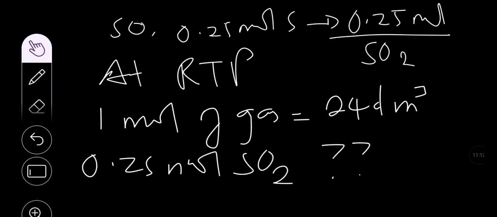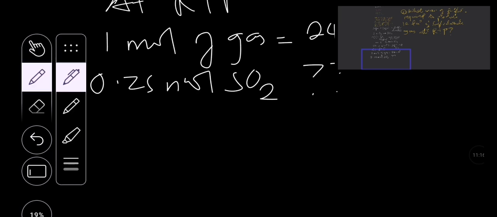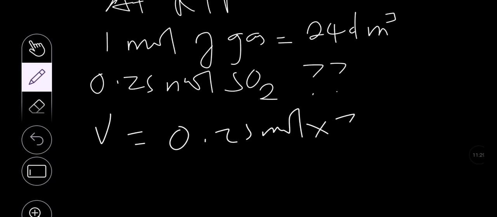Okay, so what I'm going to do is simple. We just have to multiply. Therefore, the volume of sulfur dioxide is going to be 0.25 moles multiplied by 24 cubic decimeter per mole.